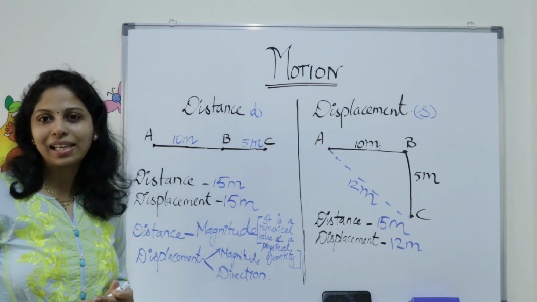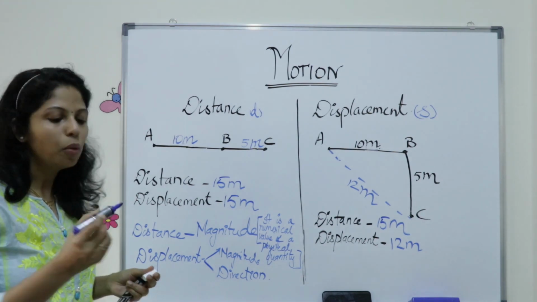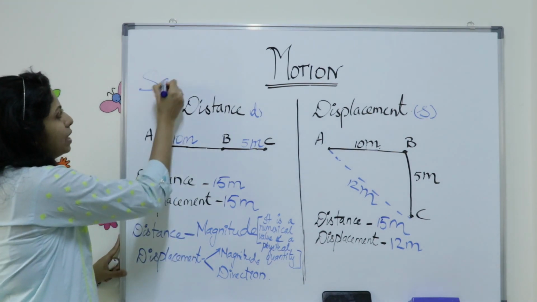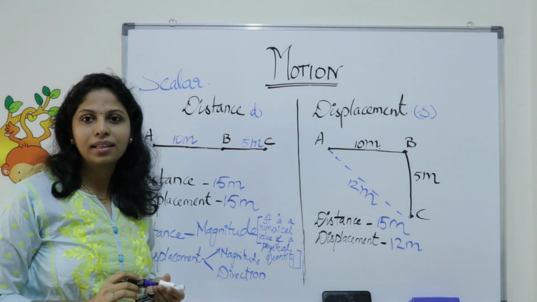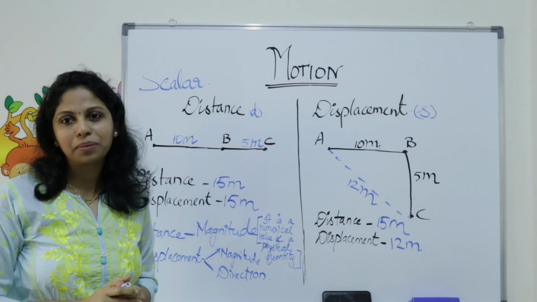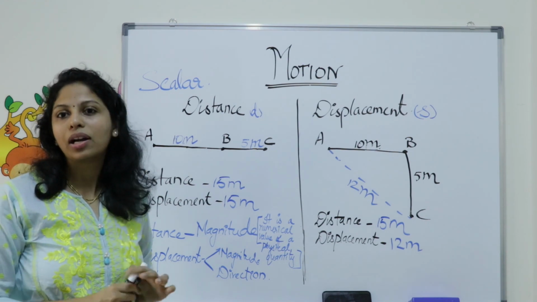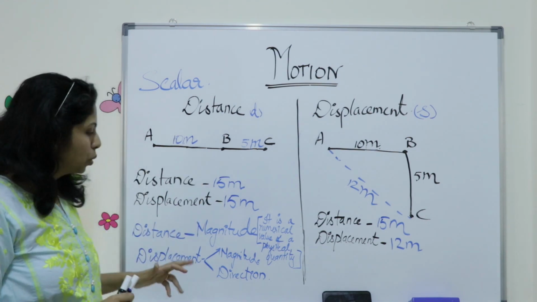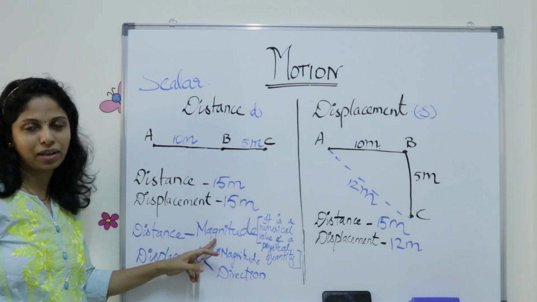Now, in previous classes, you would have learned what is a scalar and a vector quantity. What is a scalar quantity? Scalar quantities are quantities which depend only on magnitude. Okay, the quantities which depend only on magnitude are called scalar quantities. So, if you see here, the distance depends only on magnitude.